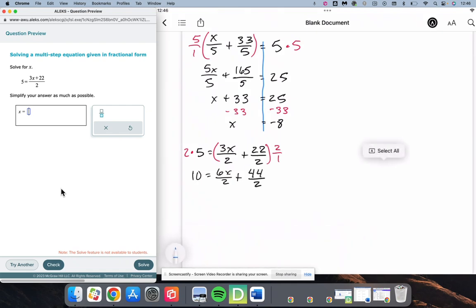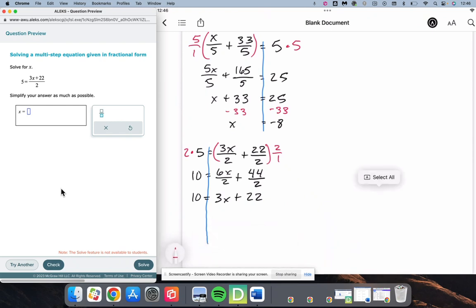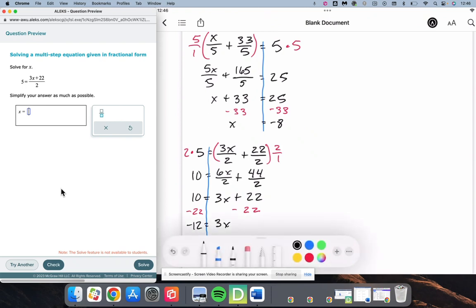Now the beauty of this, even though this looks nasty now, is those fractions are going to divide out evenly. We get 10 is equal to 3x plus 22. Now all we need to do is subtract 22 from both sides. It's going to give us negative 12 on the left, a 3x on the right. We see we're multiplying by 3, so we need to divide by 3. We get negative 4 is equal to x.